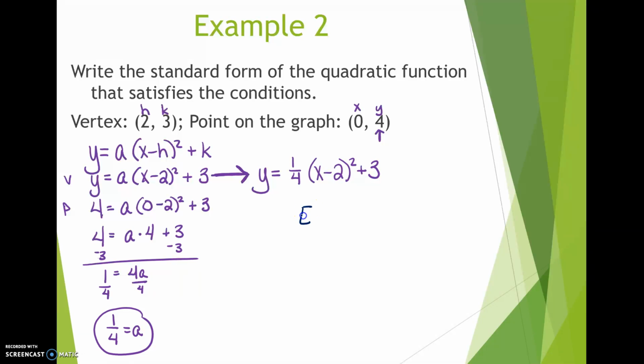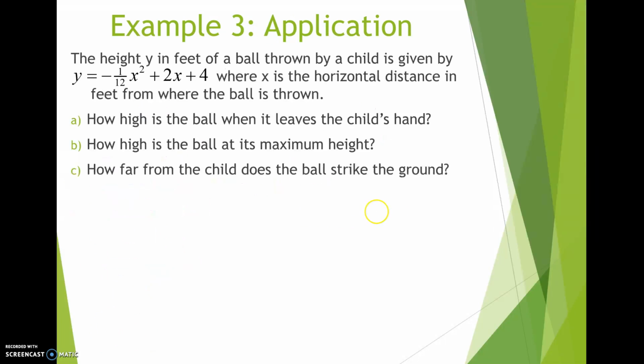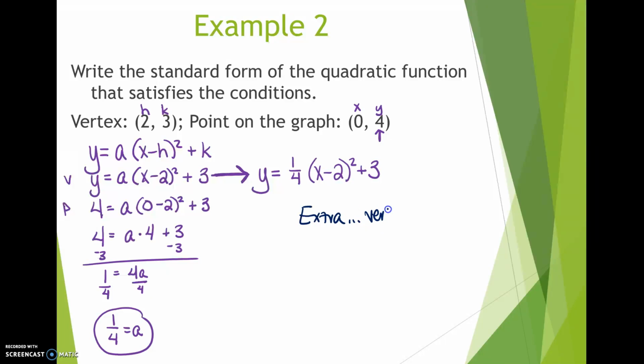Okay. A quick little extra thing to think about. What if the vertex was (-4, -5)? When you put the vertex in, you would do x minus, what is minus a negative 4?